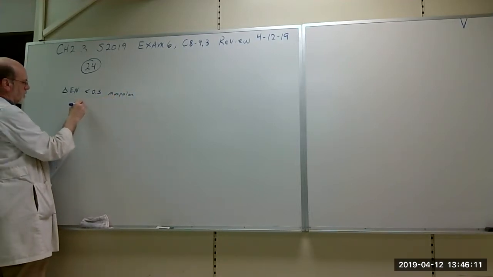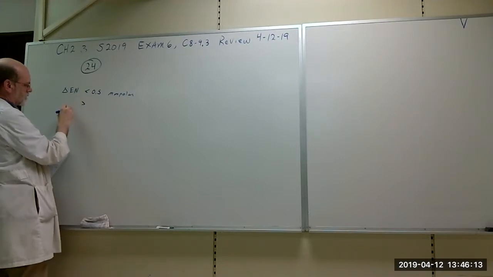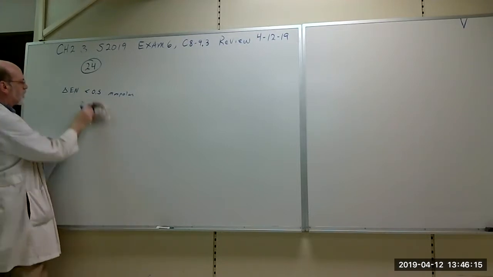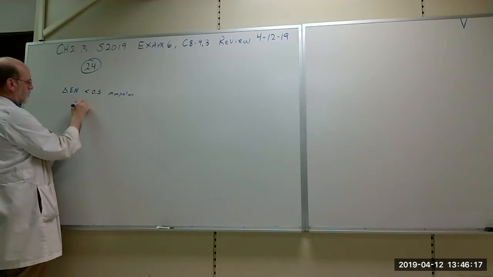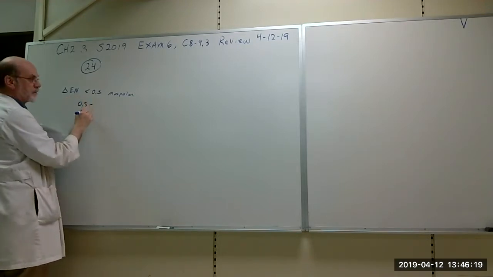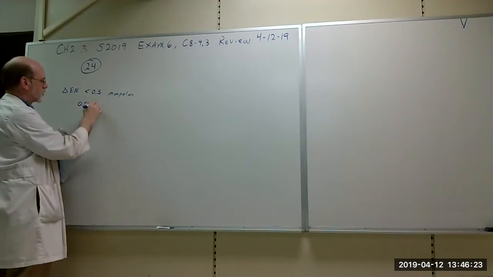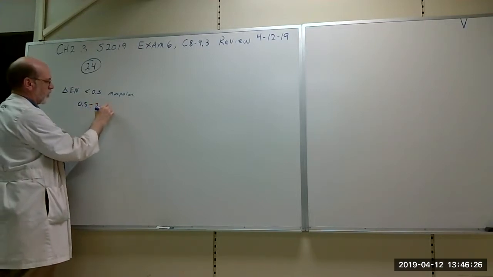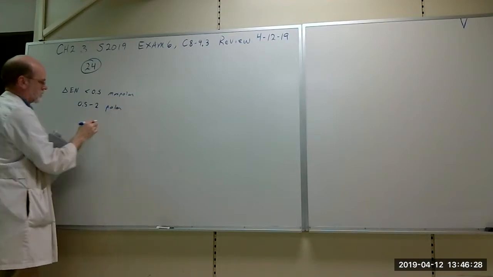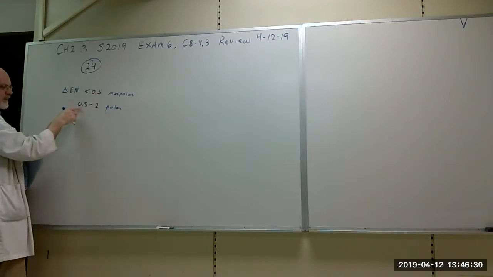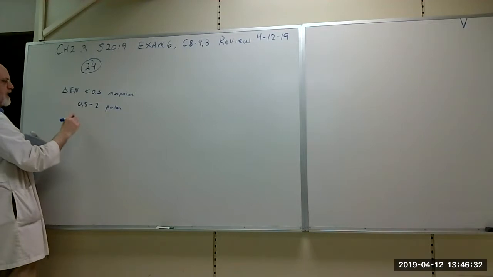And then it'd be greater than, let's see, between 0.5 and 2, I think it's 2, you have polar covalent. That could be 0.7, I'm losing my mind.